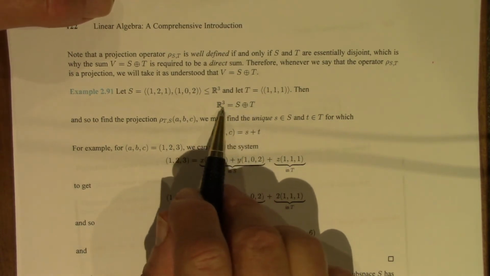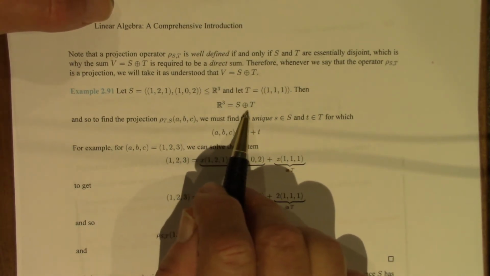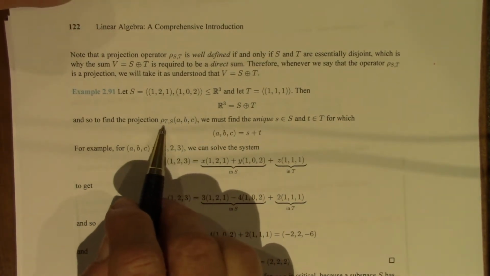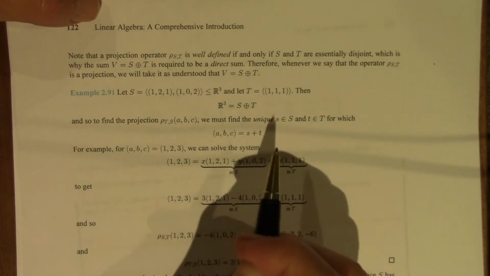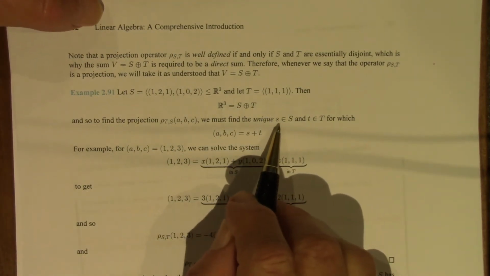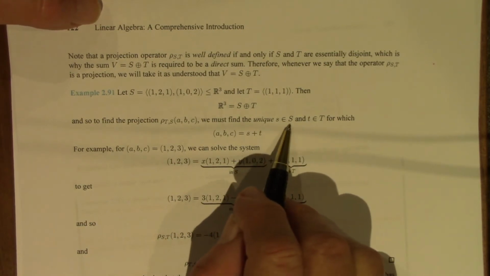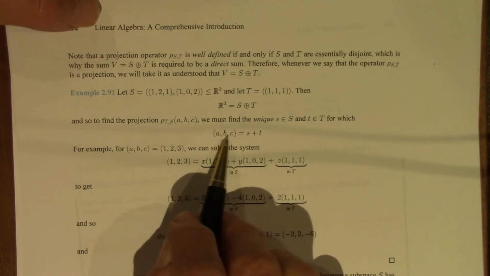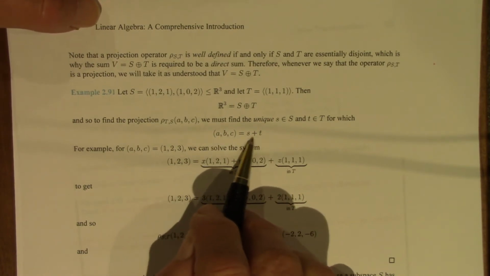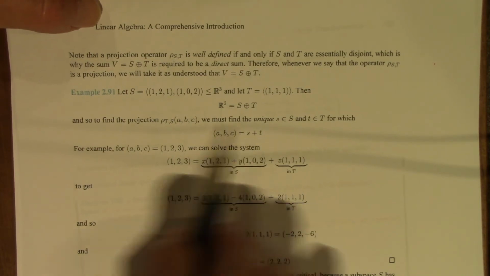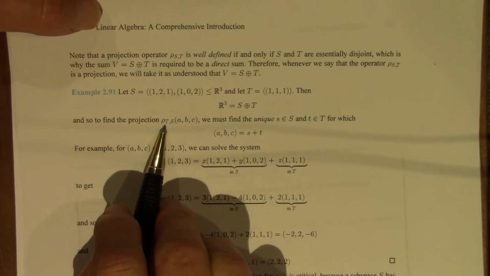It is true that R3 is a direct sum of S and T. To find the projection rho T,S, for example, we need to find the unique little s in big S and little t in big T, for which this vector is a sum of s and t. Then we just keep t and throw away s, because this is the projection onto T along S.